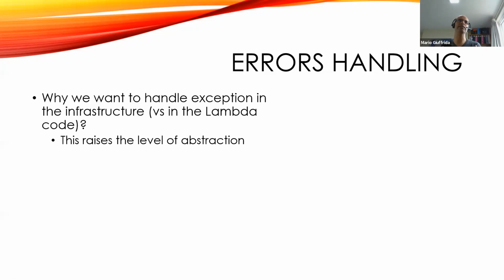This made the Lambda much more reusable, like Lego bricks inside the step function, and then we configure the retries and the exceptions independently. But I want to give you more detail of this error handling and retries, because this was a very important aspect that helped us in Tesco.